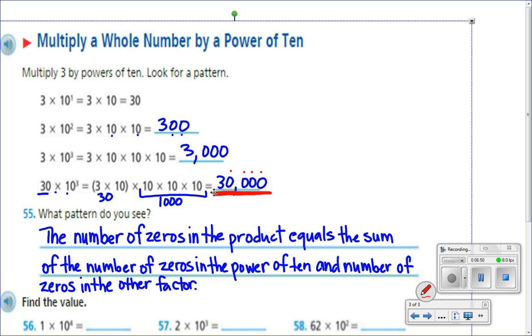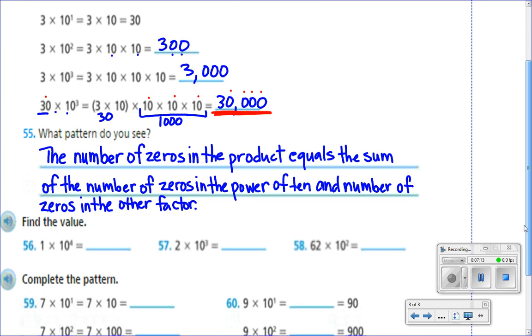In this case, here's my power of 10. I have 3 zeros here, 1, 2, 3, plus the zeros in the other factor. Here's a 0 in the other factor. So how many zeros do I need to have in my product? That's right, 4. So let's test this theory on a couple of examples down here.